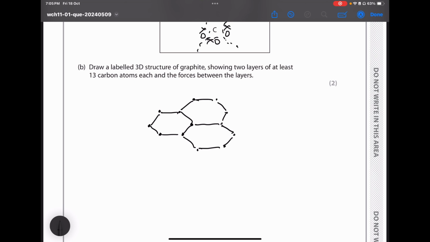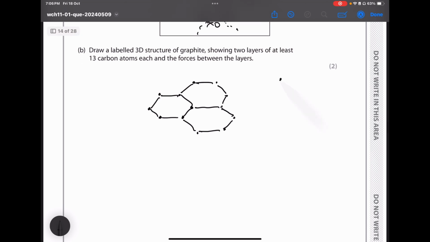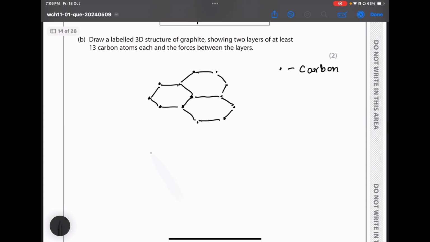And now this dot represents carbon. We can also give the symbol of carbon over here. If we repeat this, let's say we do it like this now, and then we have another carbon, carbon, carbon, carbon, carbon.